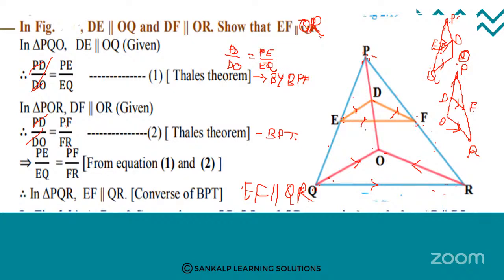This is converse of BPT. Okay. EF is parallel to QR. Okay. Next.